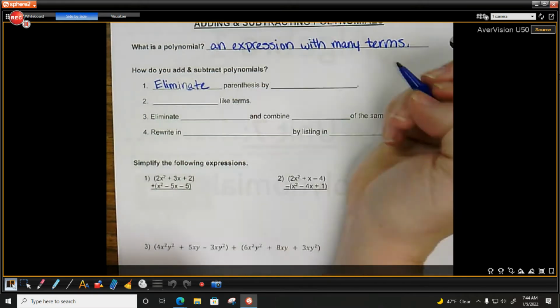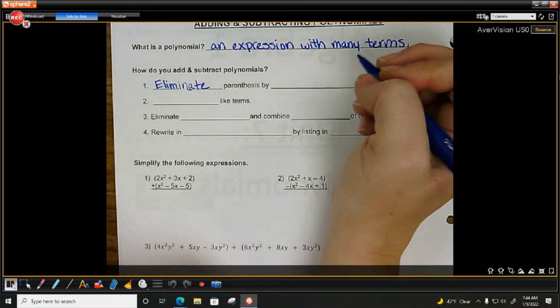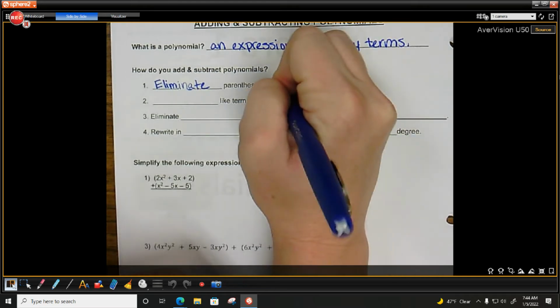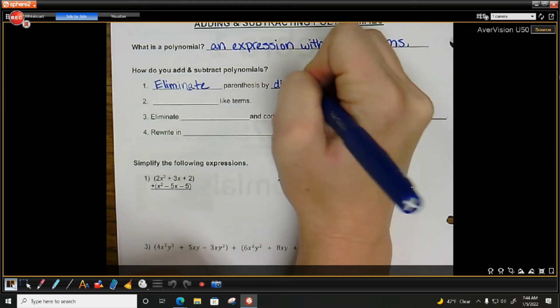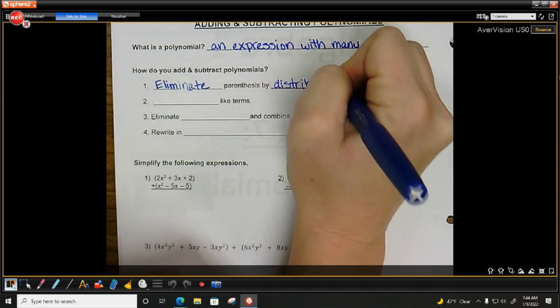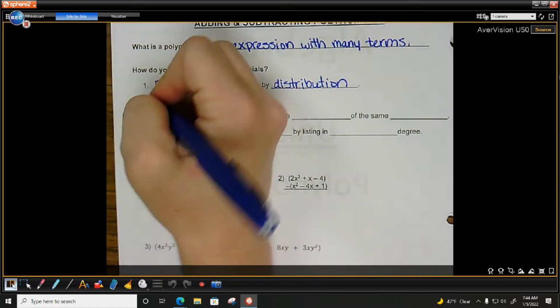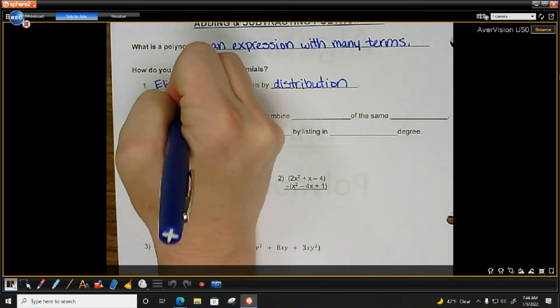What do we normally do to eliminate parentheses? Distribute. So we're not going to be able to add or subtract our polynomials when our polynomials are still in parentheses. We first need to get rid of the parentheses. Okay? Then we are going to combine our like terms.